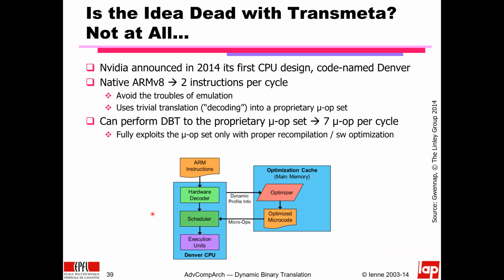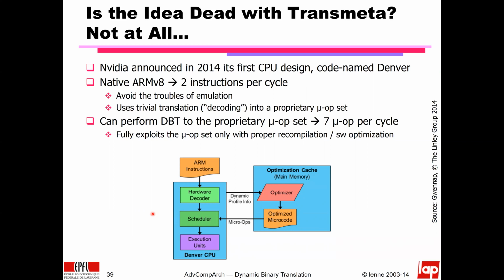It changes. It's very much technology dependent, context dependent, and so we should always be ready to change it. But I taught this for years, and by the time I started teaching this course, Transmeta was already dead.